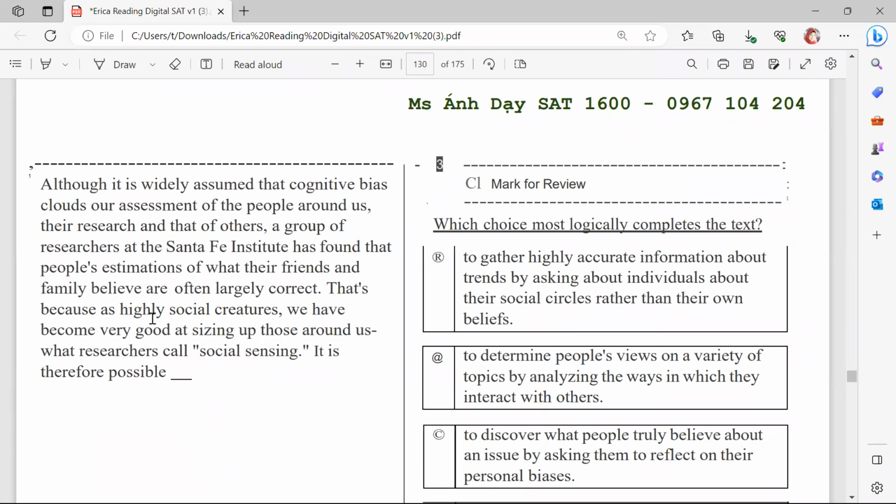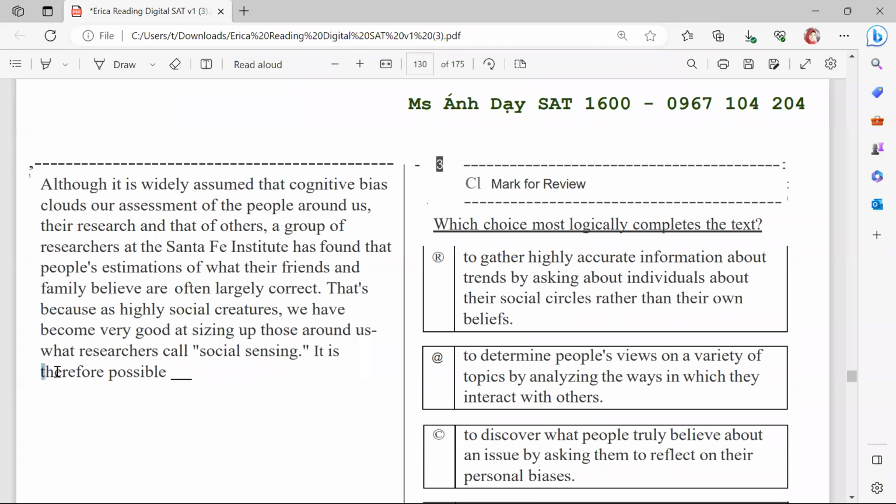That's because as highly social creatures, that's positive or negative? Positive. Highly social creatures. Positive. We have become very good at, that's positive or negative? Positive. At sizing up those around us, what researchers call social sensing.